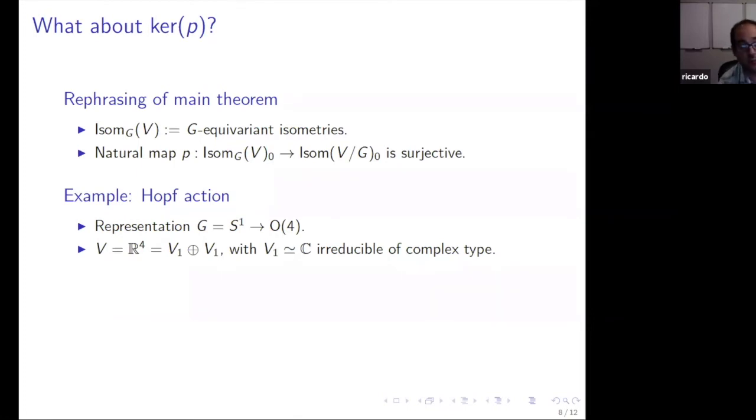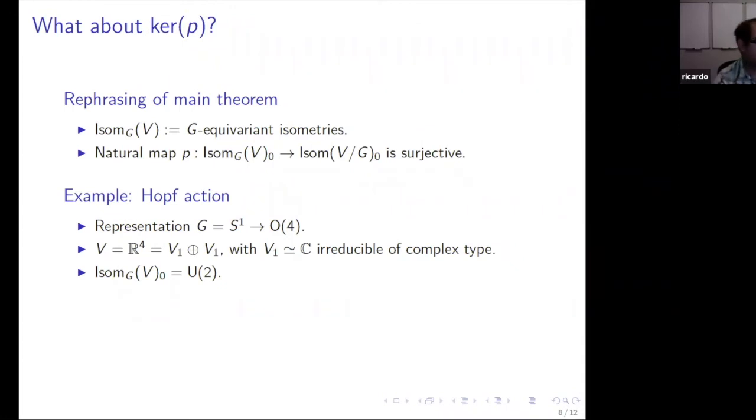So from the discussion I was mentioning before, the group of G-equivariant isometries here is U(2). Well, we know exactly what the quotient is.